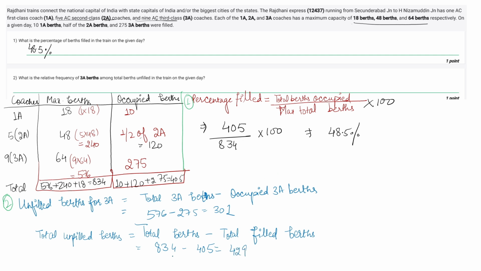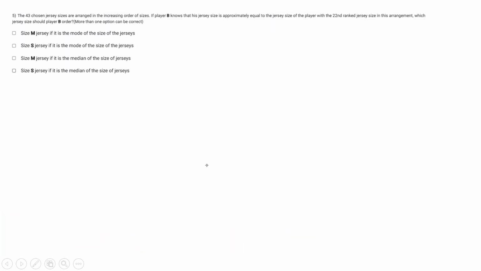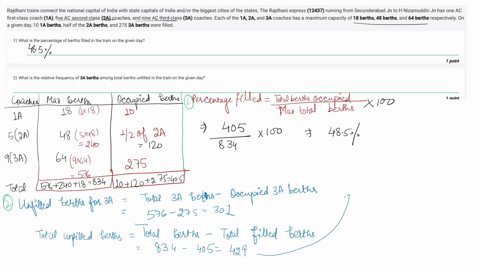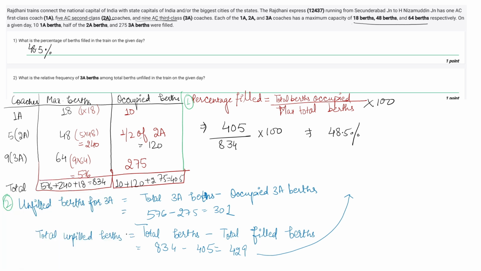Now the relative frequency of unfilled 3A berths is unfilled 3A berths divided by total unfilled berths.